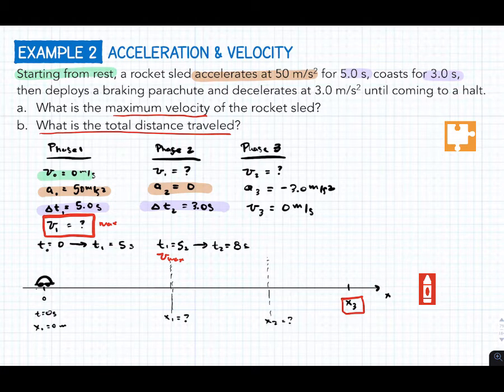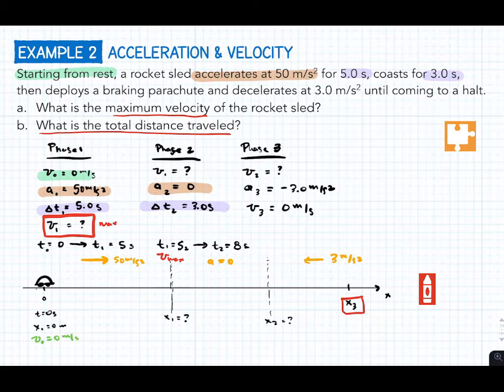We have a picture. So the picture, we might want to label some of the things. We might want to say, for instance, that here we have an acceleration of 50 meters per second squared. Here we have a deceleration of 3 meters per second squared. These are not drawn to scale. And here acceleration is equal to 0. Okay? Then we'll have to go in and label the other things. We also maybe want to write in that velocity here is 0.